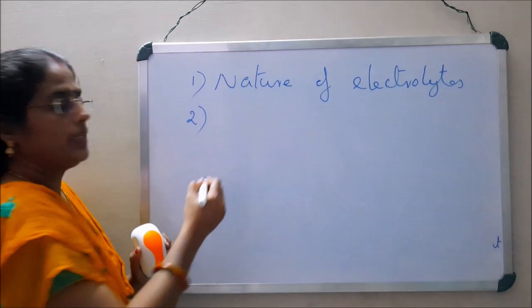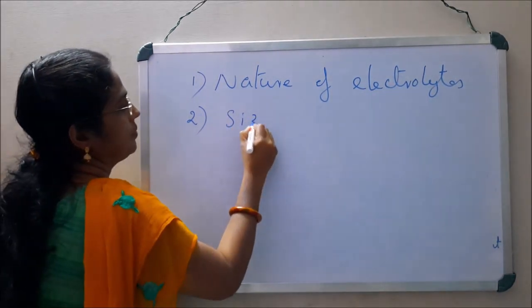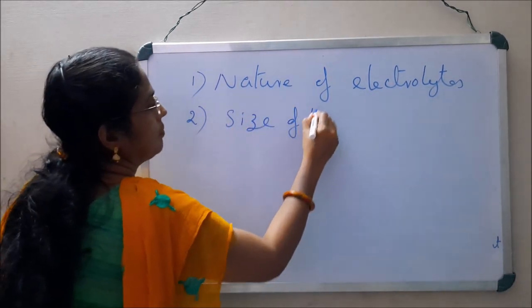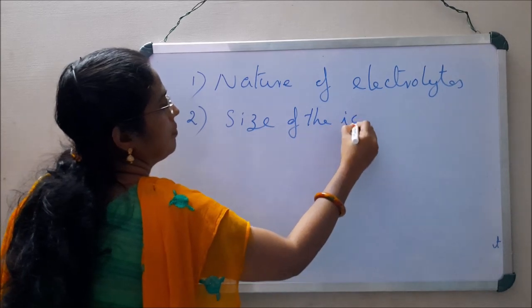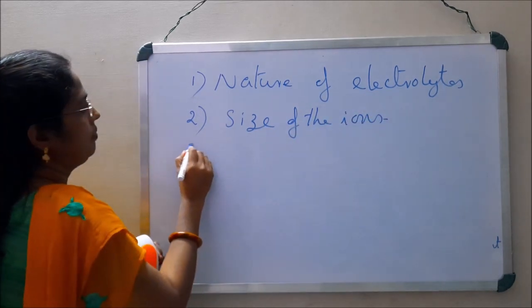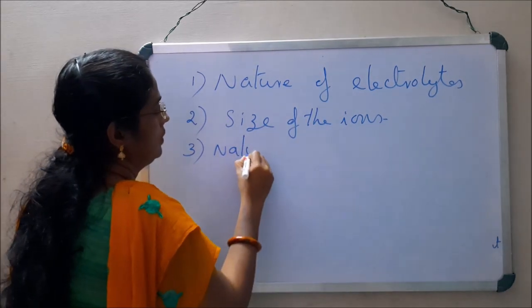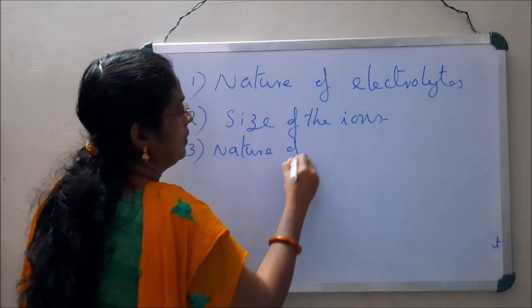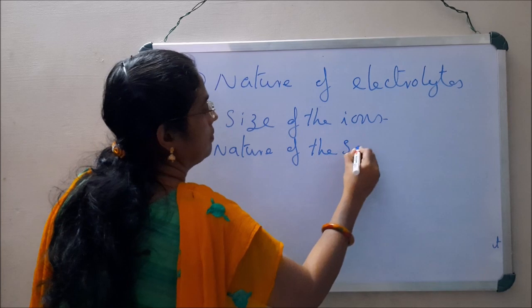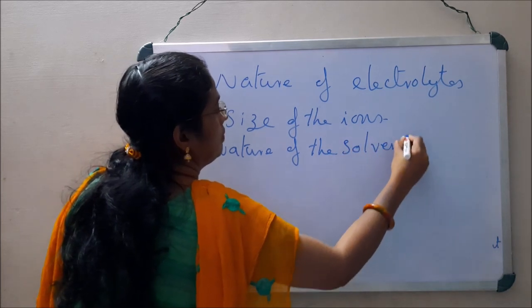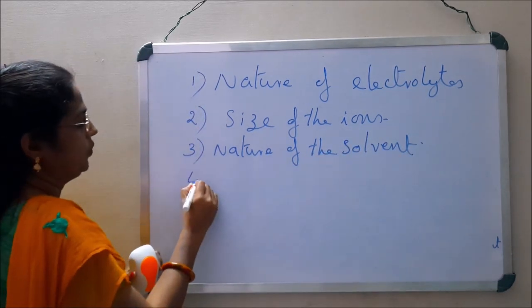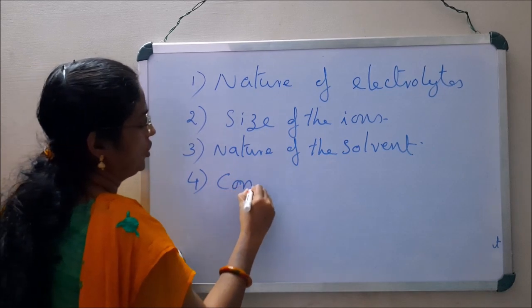Second one is the size of the ions. Third one, nature of the solvent. Fourth one, concentration.